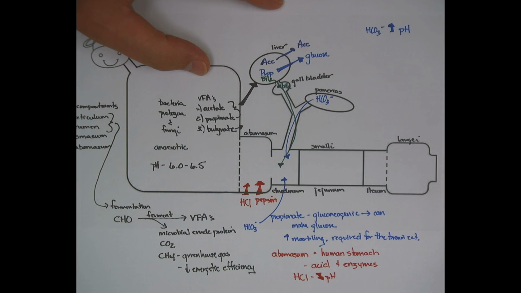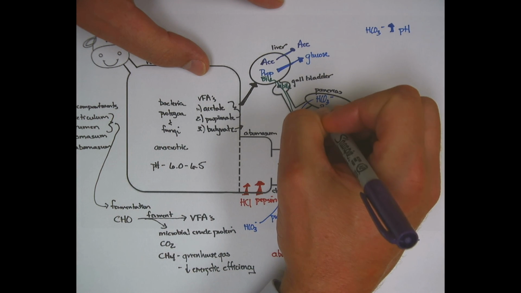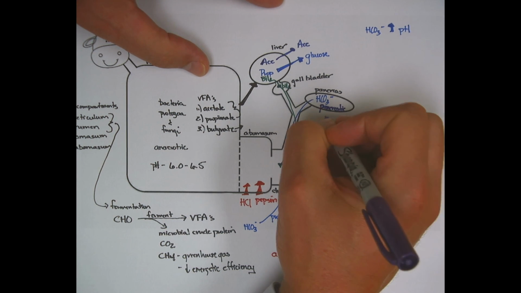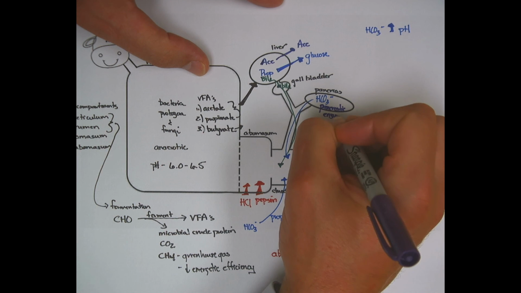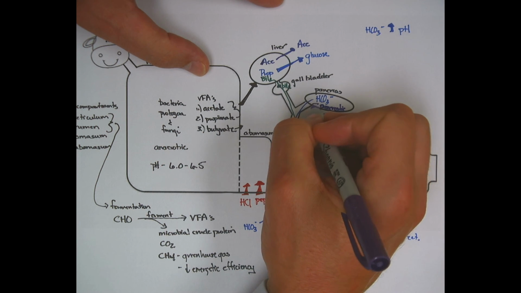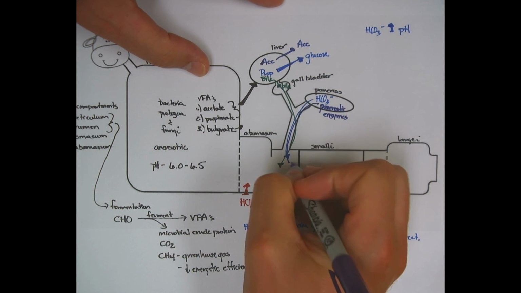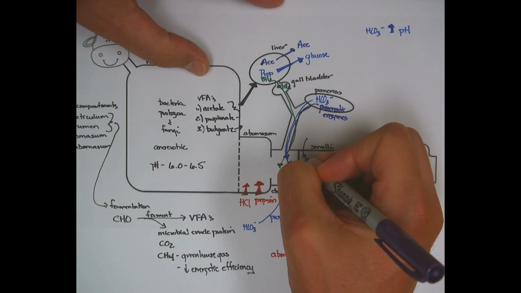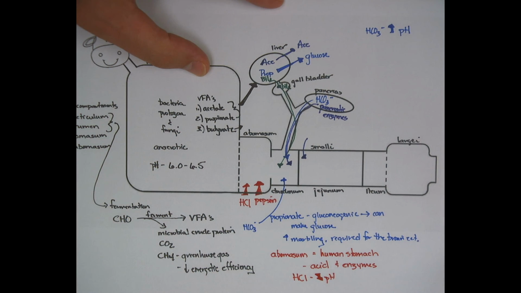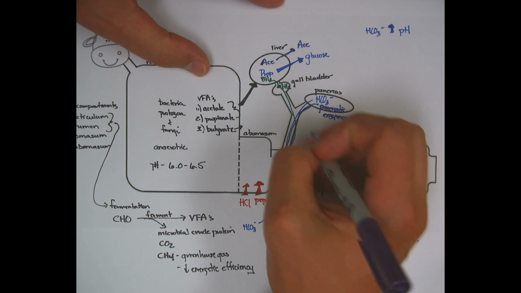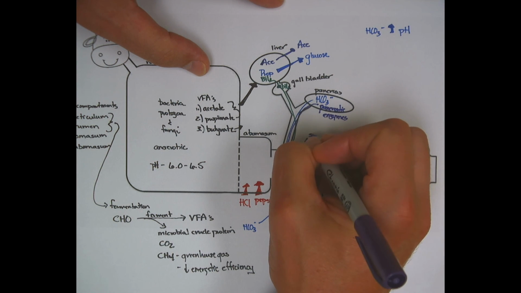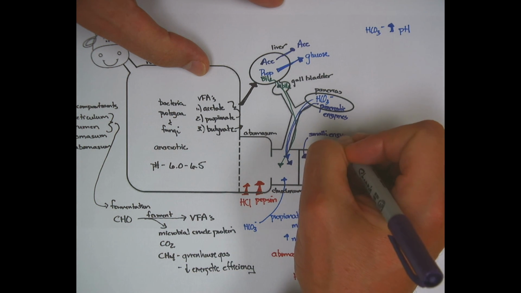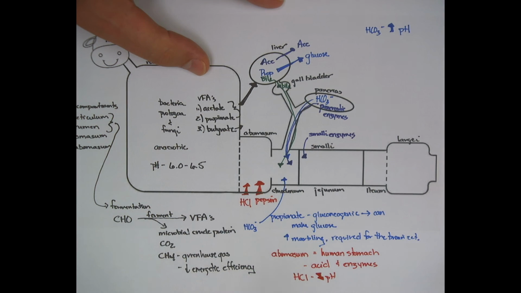The other thing we have is pancreatic enzymes. And pancreatic enzymes are secreted into the small intestine. And then we have enzymes that are also secreted into the small intestine from the small intestine. And for this class, we'll just call those small intestine enzymes.